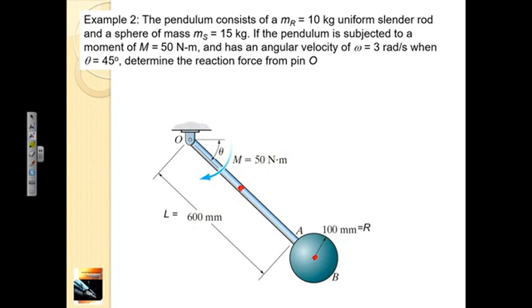It's subjected to a moment of 50 Newton meters, and that's going clockwise, so that's going the wrong direction. The pendulum has an angular velocity of 3 radians per second when theta is 45. So at this position, theta is 45 degrees, and it is moving with an angular velocity of 3 radians per second.